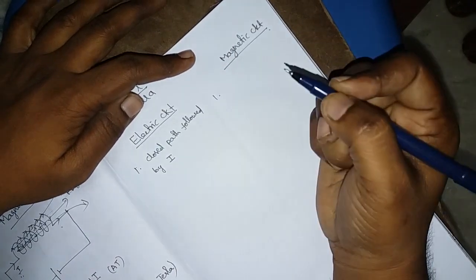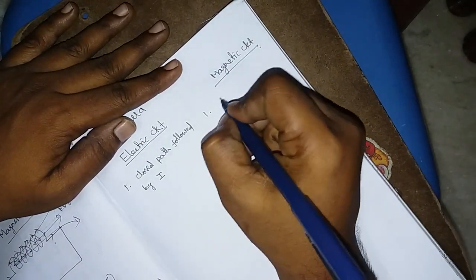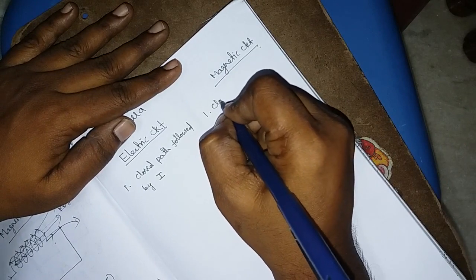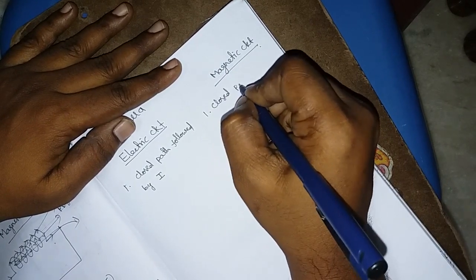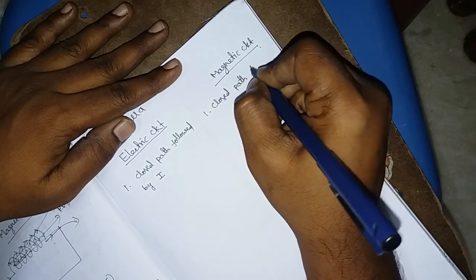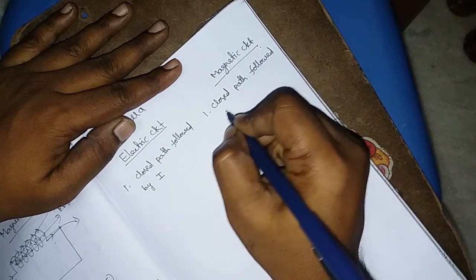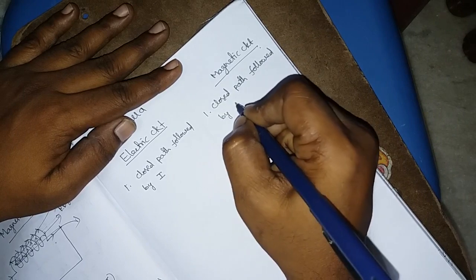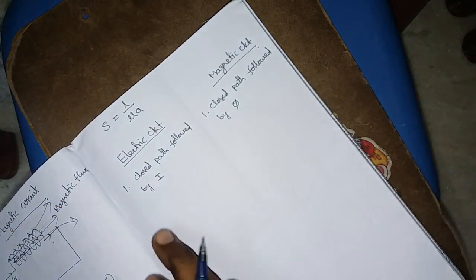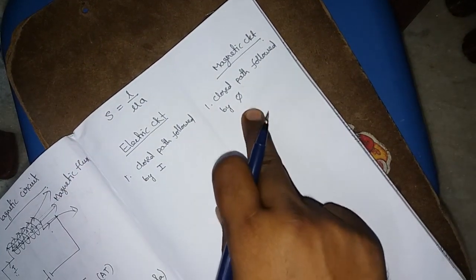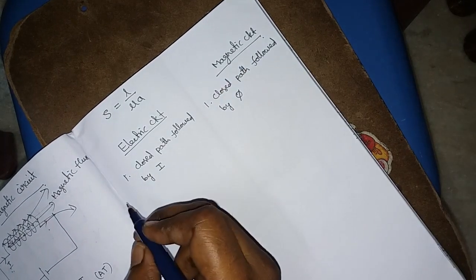Next, what is a magnetic circuit? The closed path followed by magnetic flux is called a magnetic circuit.